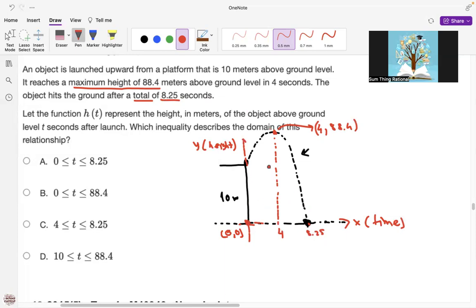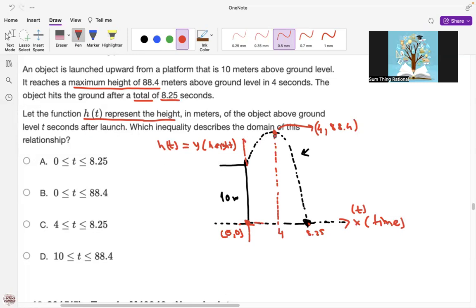After 4 seconds, the object reaches its maximum height. Let the function h of t represent the height, and t is time. You can even change x to t, and y to h of t. That is also possible.